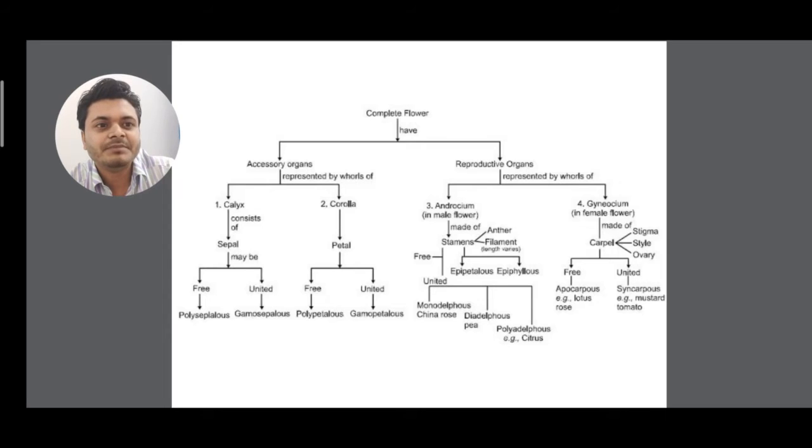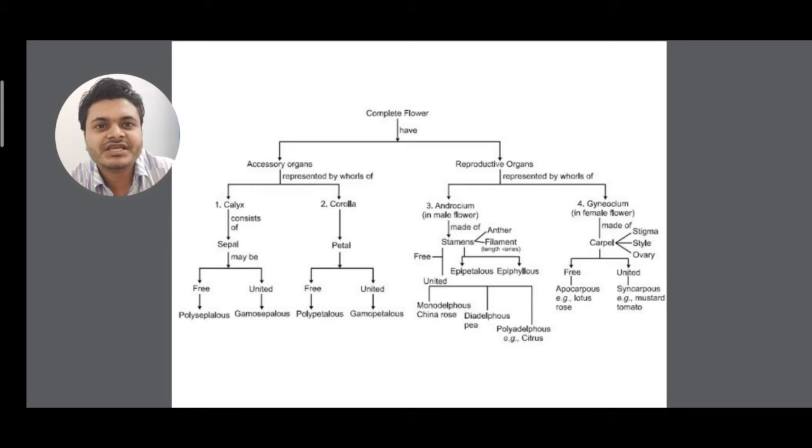Clear? So it can be epipetalous, it can be epiphyllous. Now this androecium can be free as well as united. If they are united, they are called monadelphous, diadelphous, and polyadelphous. Similarly for gynoecium. Clear? Gynoecium, another name is pistil and carpel. So gynoecium consists of stigma, style, and ovary.